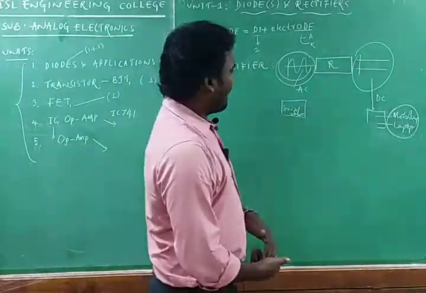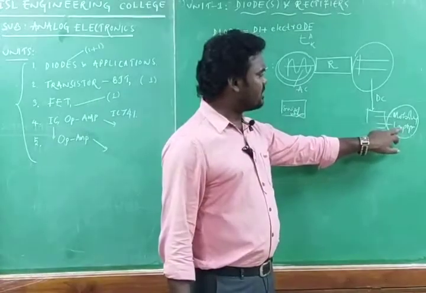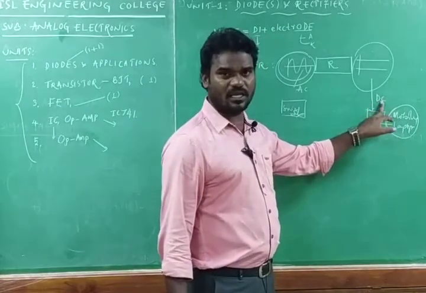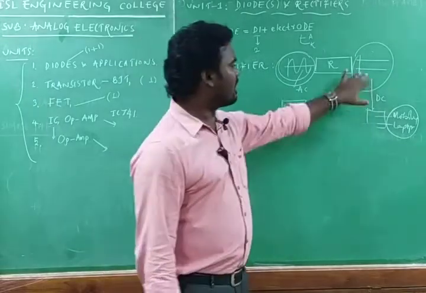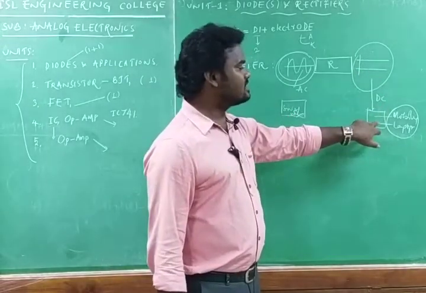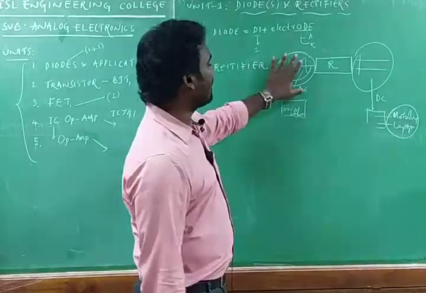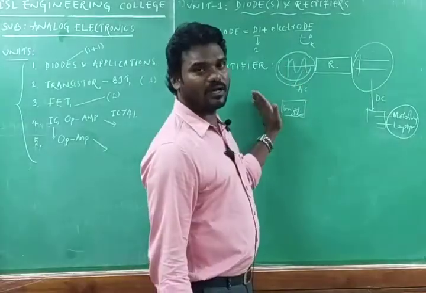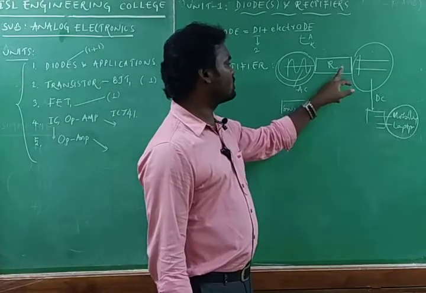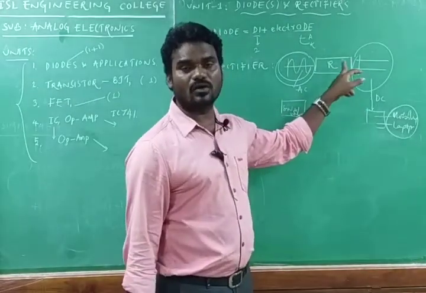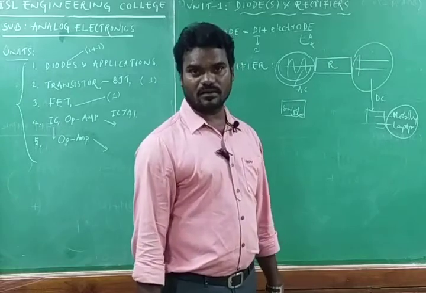Mobiles and laptops are the best examples of electronic devices. These devices work with DC, but we do not get DC directly. We have AC, and from that we convert AC to DC using a circuit called a rectifier.